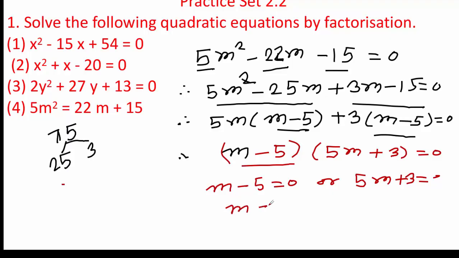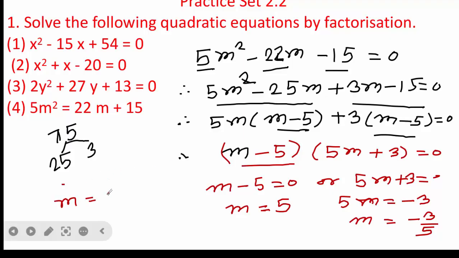From first equation I can write m equal to 5, transferring 5 to the right hand side. 5m equal to minus 3, m equal to minus 3 by 5. Thus, solution is m equal to 5 or minus 3 by 5. These are the roots of the quadratic equation.